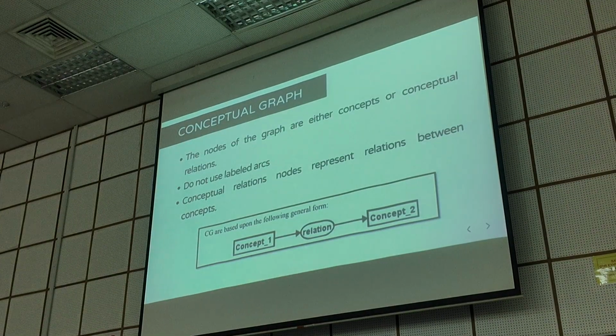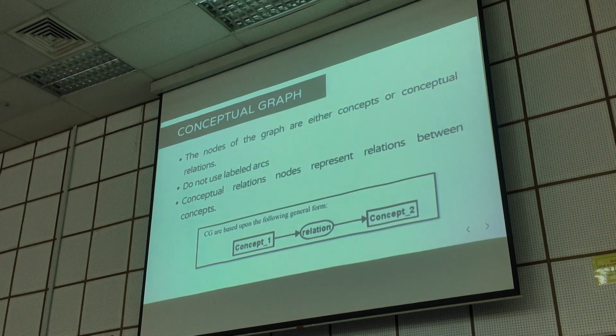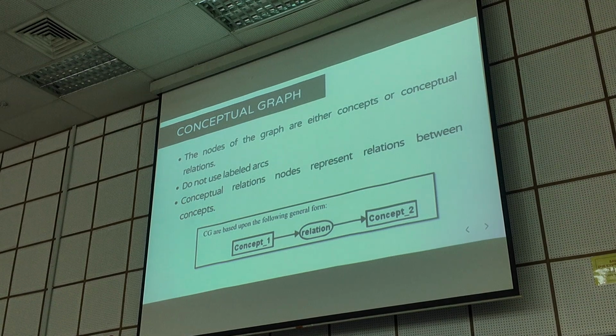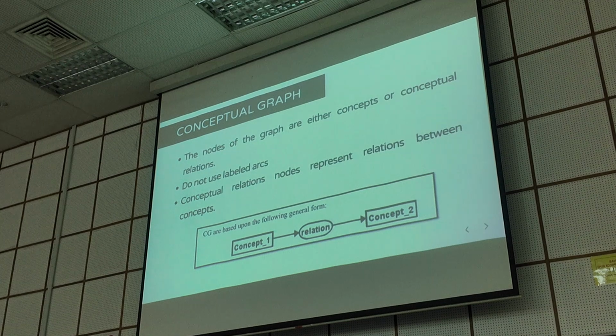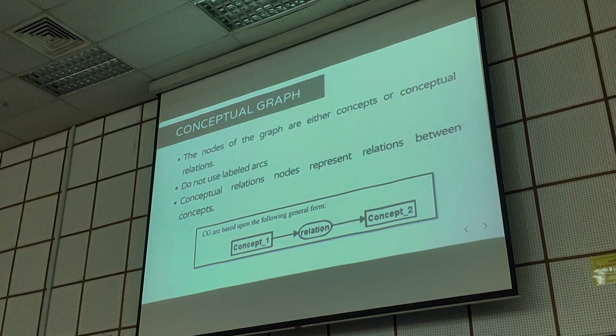You can see the syntax for the conceptual graph here. Instead of using the so-called label arc, we are going to use a node to show the relations. That's it. So that is the difference between semantic networks and the conceptual graph.